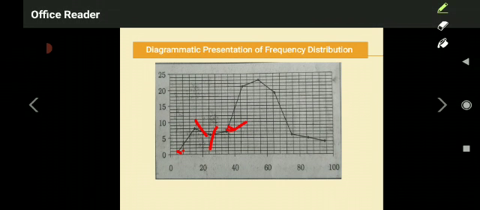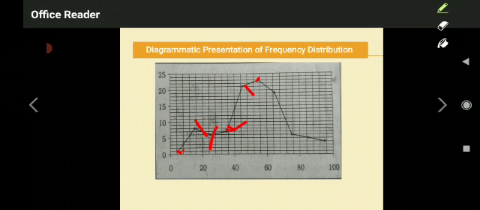In the fifth class interval there are 21 observations, my dear students. It is showing over here. 21 observations are there. As data information you have collected, you have to mention those data with the help of a diagram. And in the next class interval there are 23 observations.